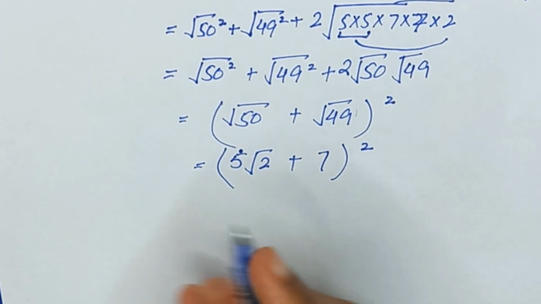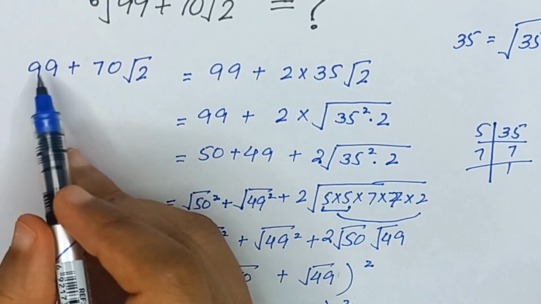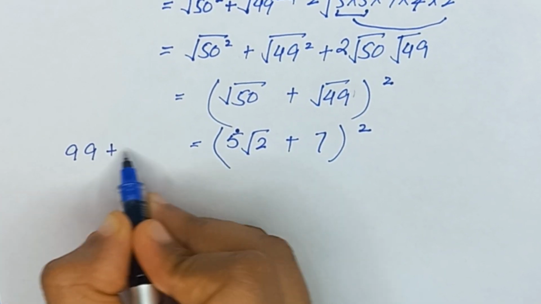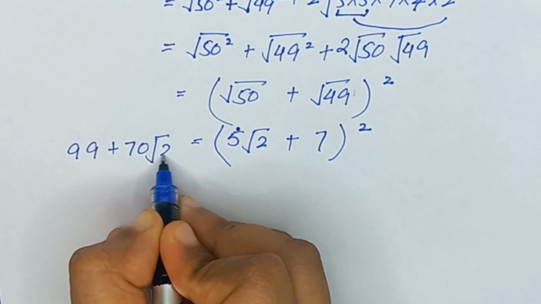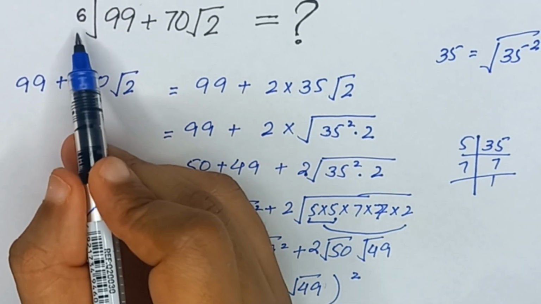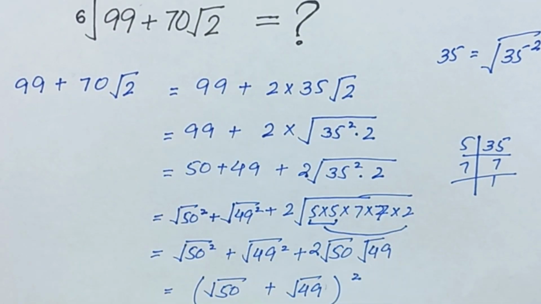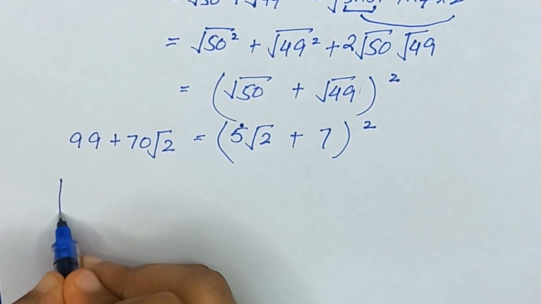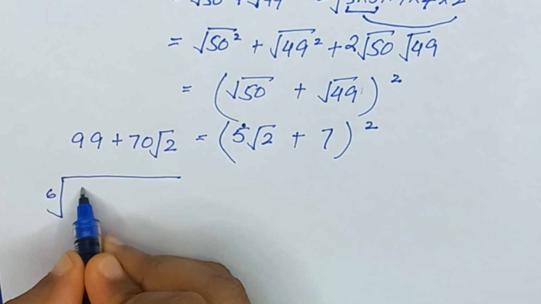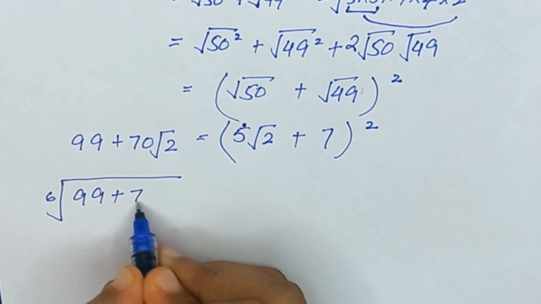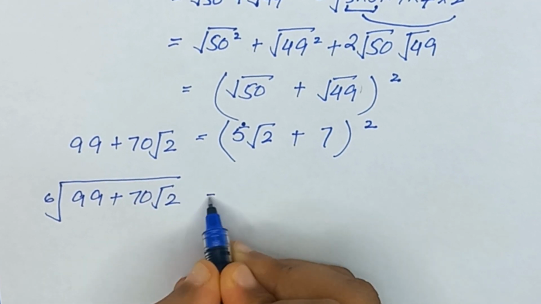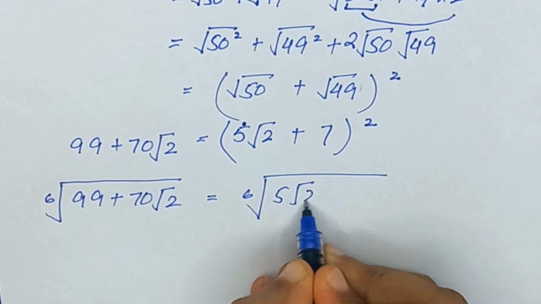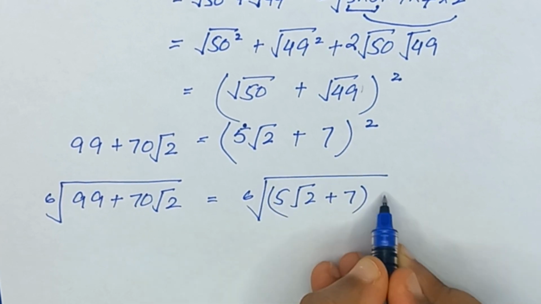Okay, so it is equal to 99 plus 70 square root of 2, but we have to find the sixth root of 99 plus 70 square root of 2. Now I will apply the sixth root on both sides. So the sixth root of 99 plus 70 square root of 2 is equal to the sixth root of 5 square root of 2 plus 7 whole square.